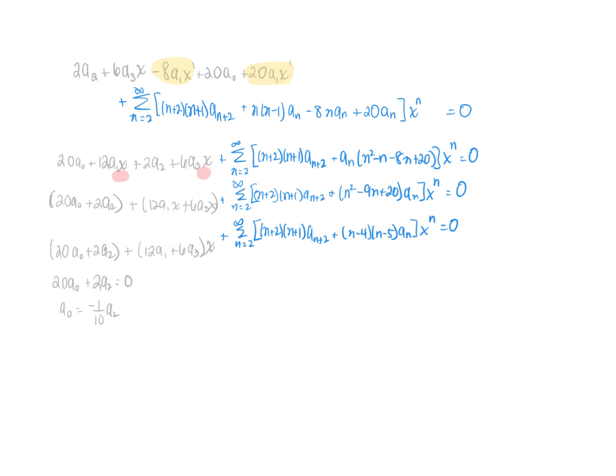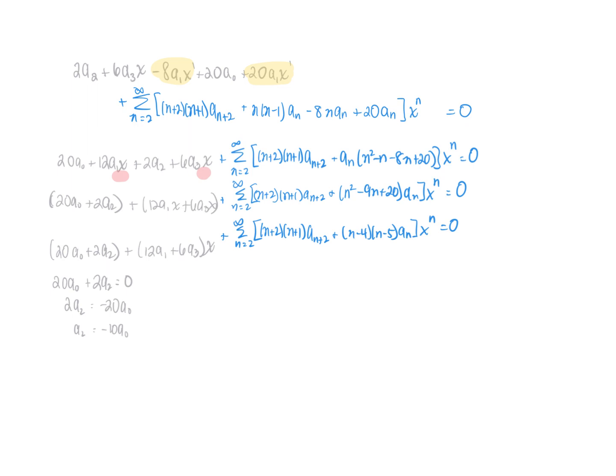But that's really not what we're going to look for, because we don't do our solutions, as we saw in the last one, in terms of a2. We do them in terms of a naught and a1. So let's go back and solve instead for a sub 2. So we've got 2a sub 2 equals negative 20 a naught, which means a sub 2 is negative 10 a naught, which honestly sounds even easier than negative 1/10.